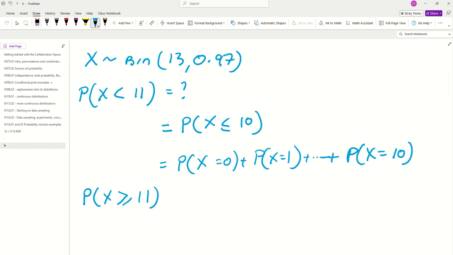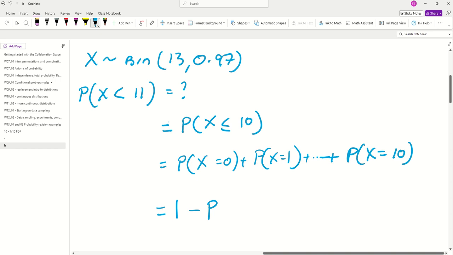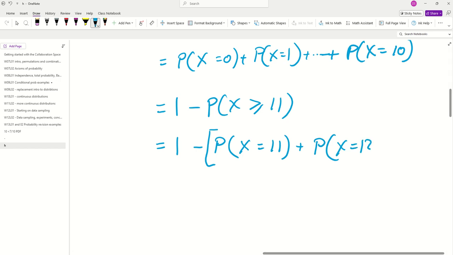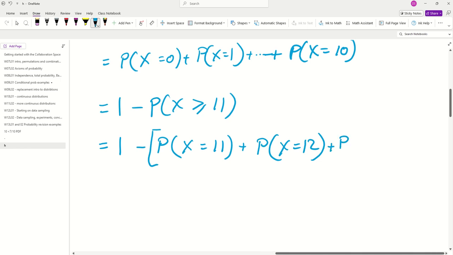Right, so I should write this is equal to 1 minus the probability that X is equal to 11 plus the probability that X is equal to 12 plus the probability that X equals 13. This is fewer things to evaluate, and thus it's less error prone.